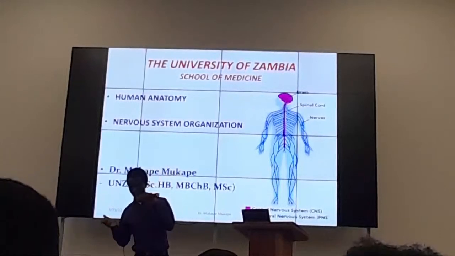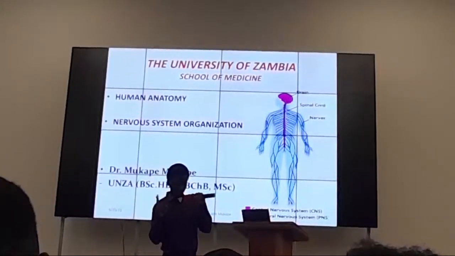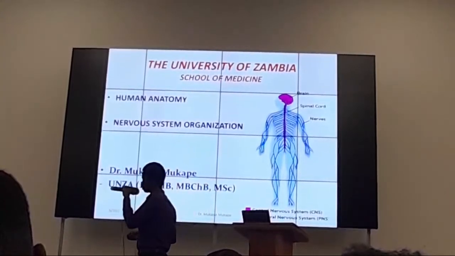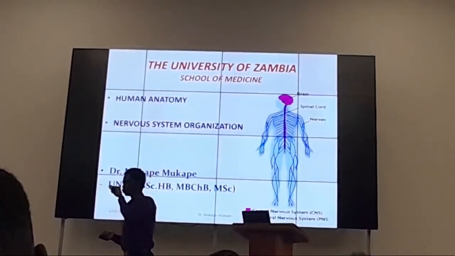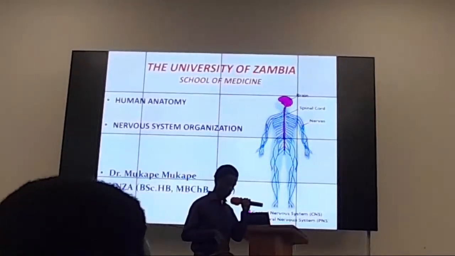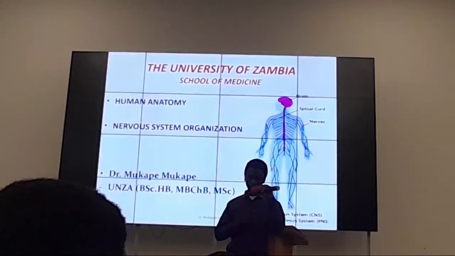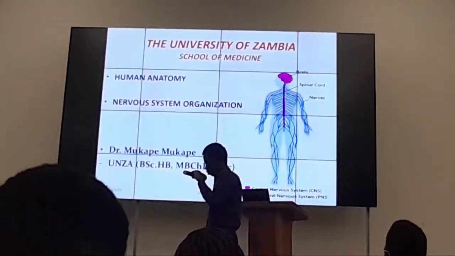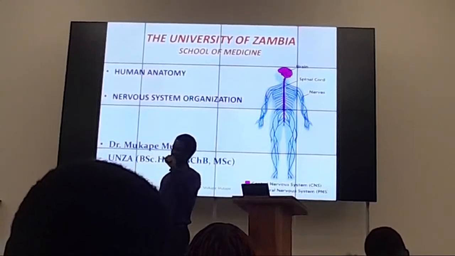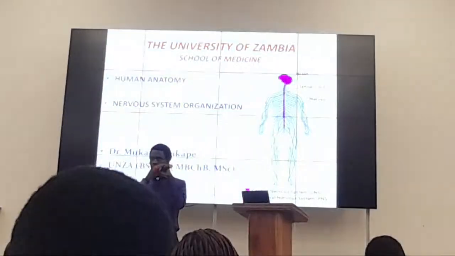These two divisions act in opposite to each other. They are like acting like a tug of war. One is pulling this side, the other one is pulling the opposite direction. So parasympathetic versus sympathetic system.